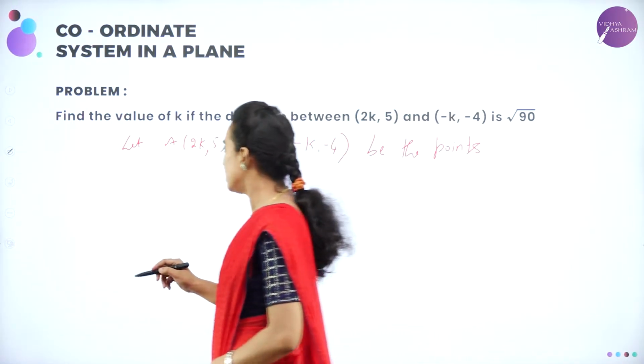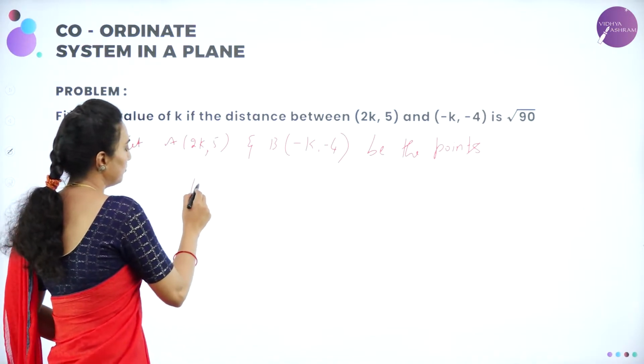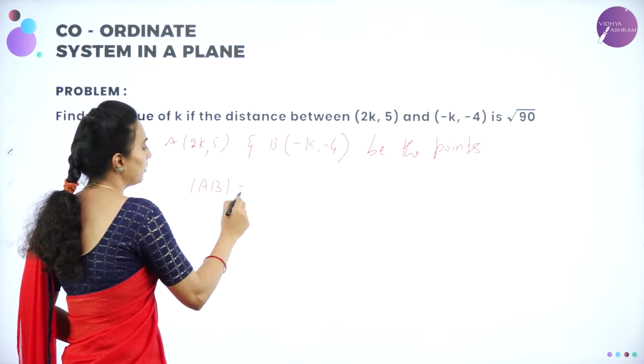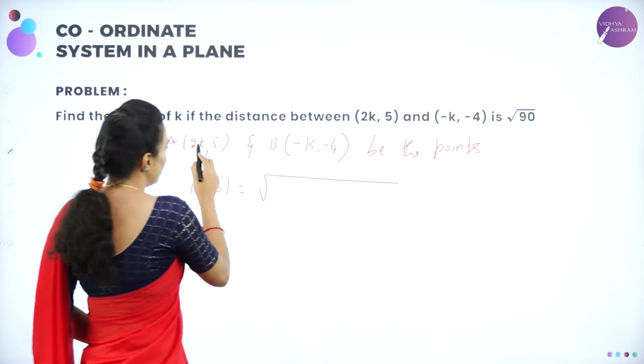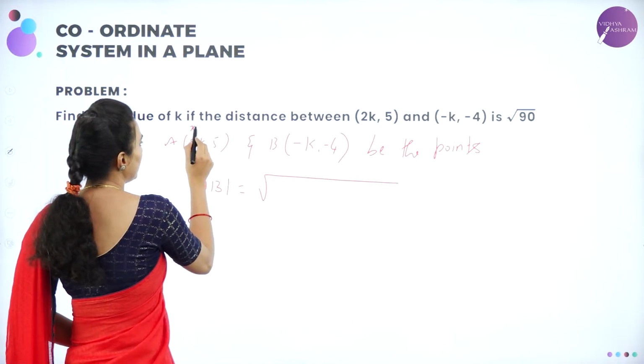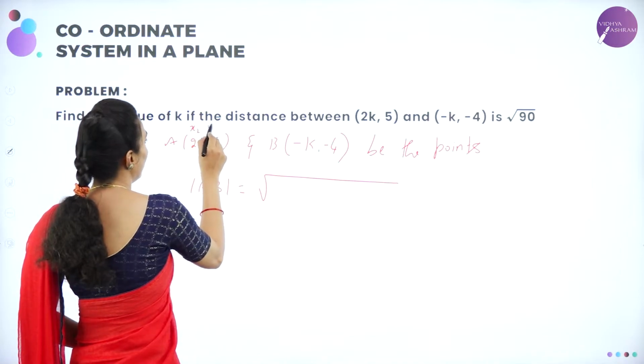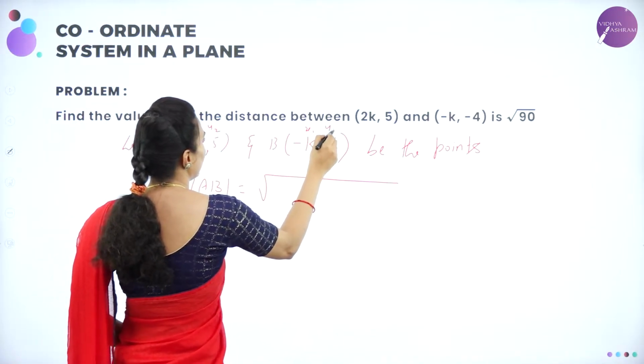So what is the distance? Distance AB is equal to the square root of 2k minus, I am going to take this one as x2, y2 and that as x1, y1. Anything you can represent, right?